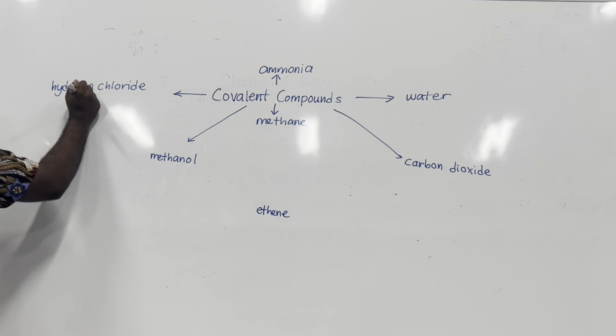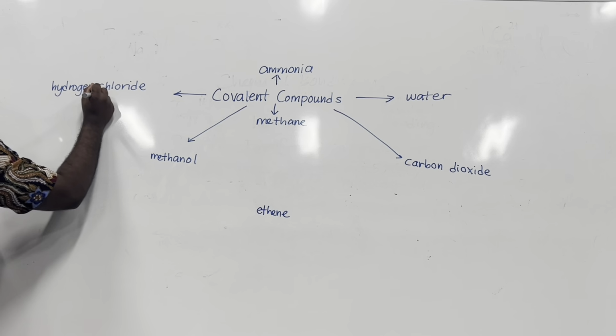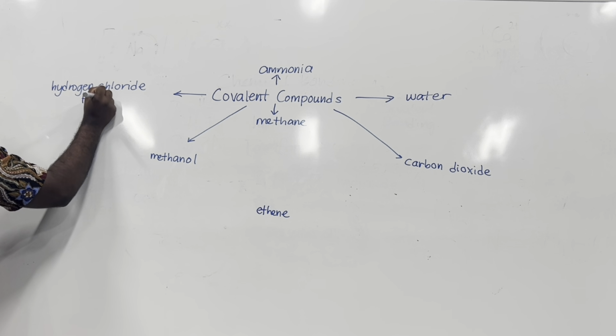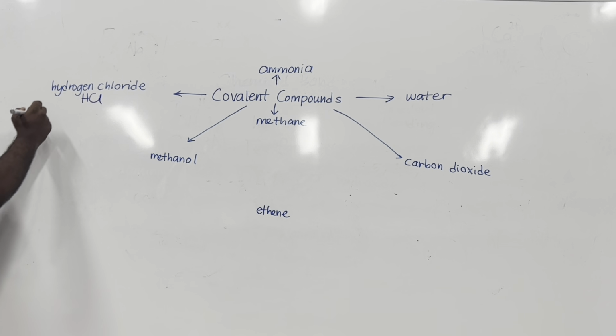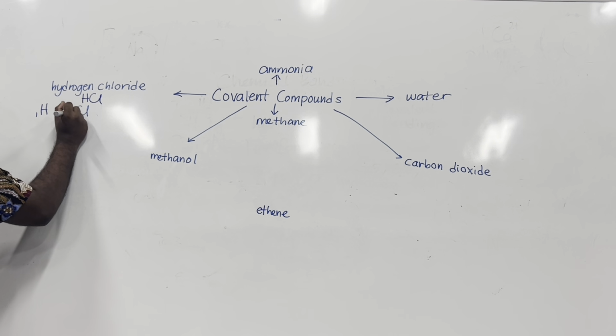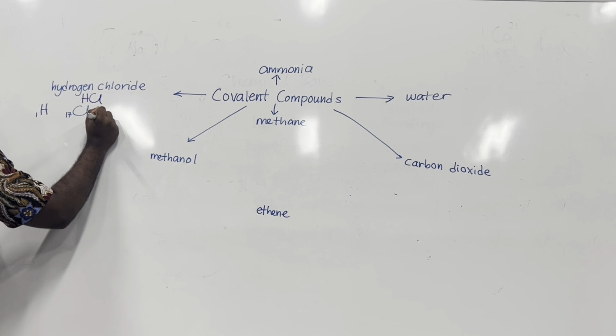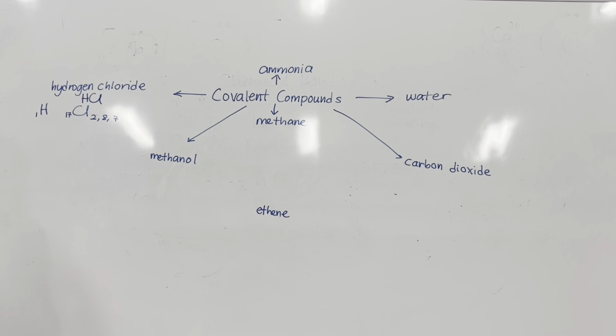This is hydrogen, and chlorine is Cl. We know that hydrogen is H, atomic number 1. Cl is 17, so 2, 8, 7: 7 valence electrons. You can get this from your periodic table.